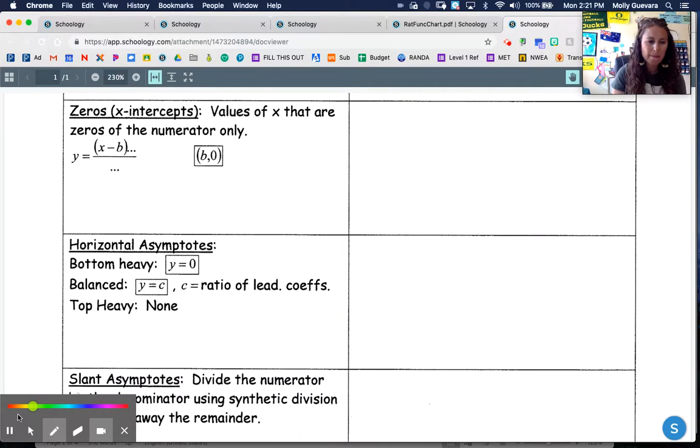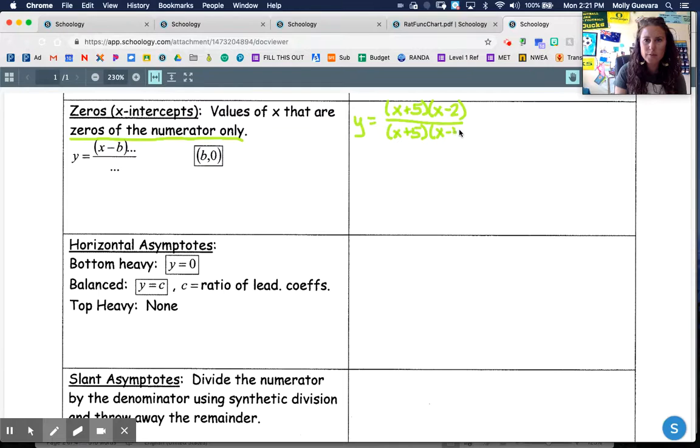Okay. Next one is x-intercepts, or the zeros. These are the values of x that are zeros of the numerator only, so the top only. So again, I take that same equation, x plus 5, x minus 2 over x plus 5, x minus 4.